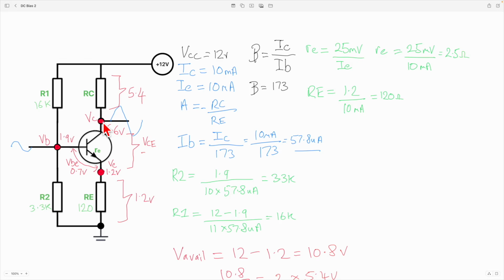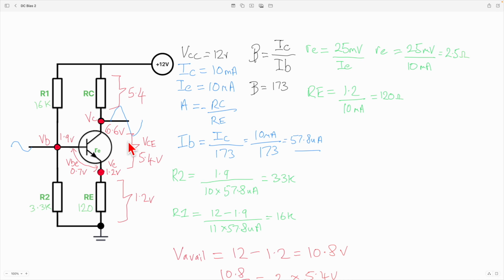So this point here will see the 5.4 volts of the VCE plus the 1.2 volts, so it will actually be 6.6 volts. And that gives you the necessary headroom, plus and minus, to get the most faithful representation of our waveform.